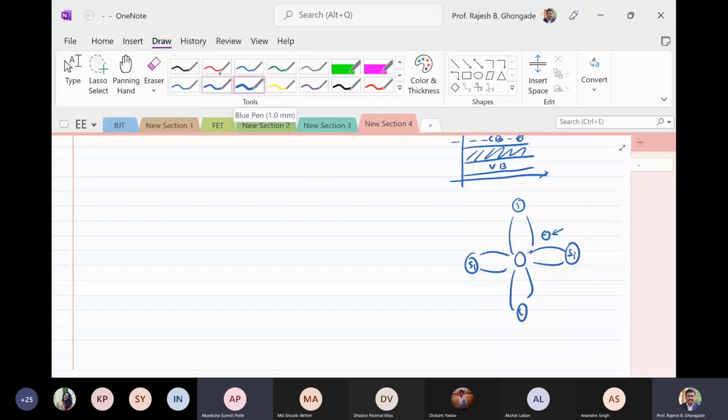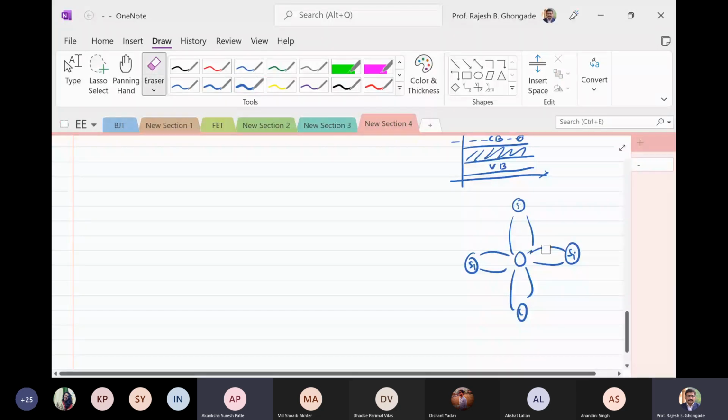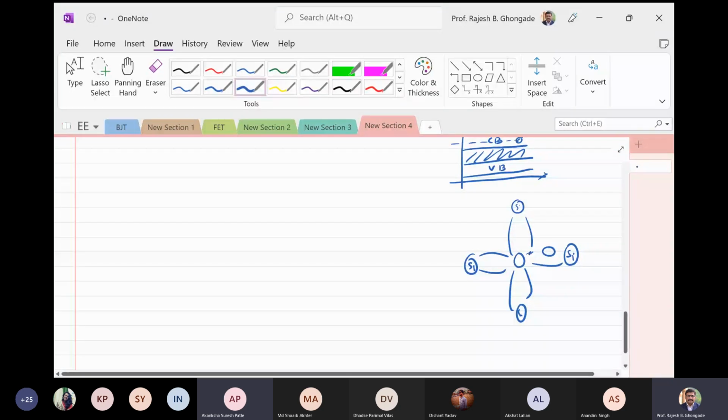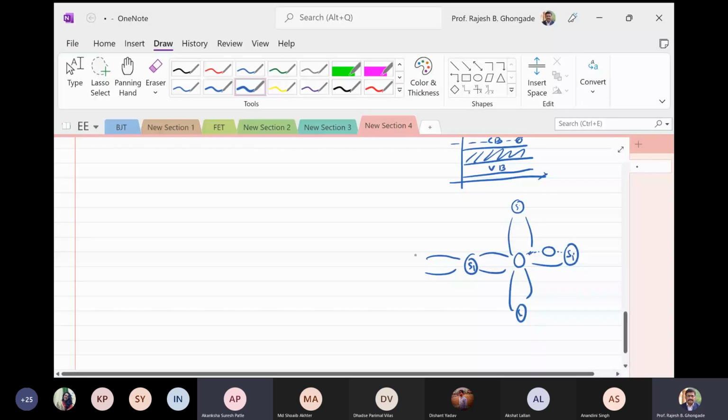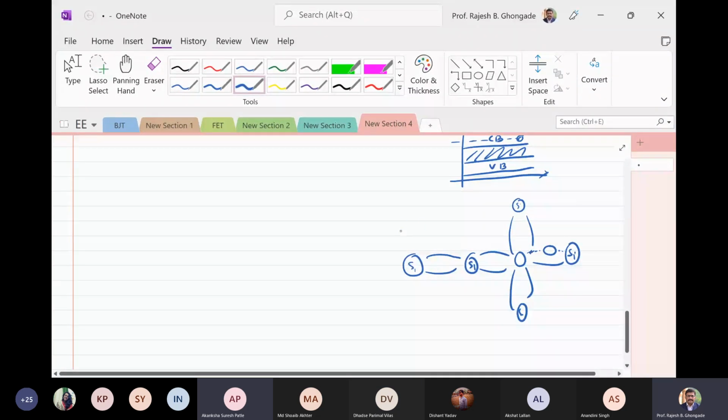Hole move hota hai yaani kya hota hai? So what you said? When you say hole, okay, so there is a hole here. That is, there is a place, a vacancy, a placeholder, right? Now, if it is supposed to move somewhere else, can it float around like this?